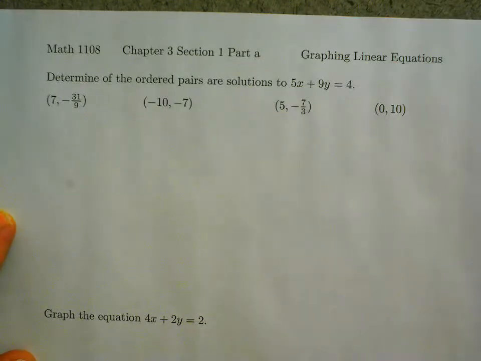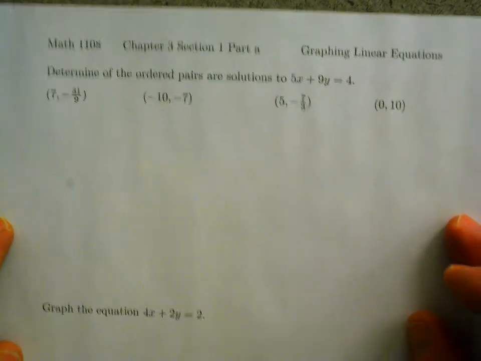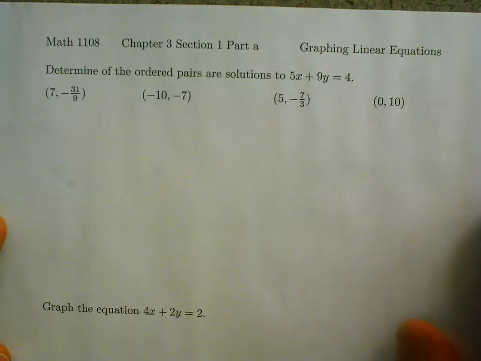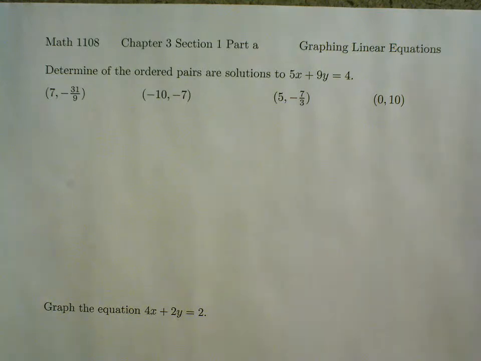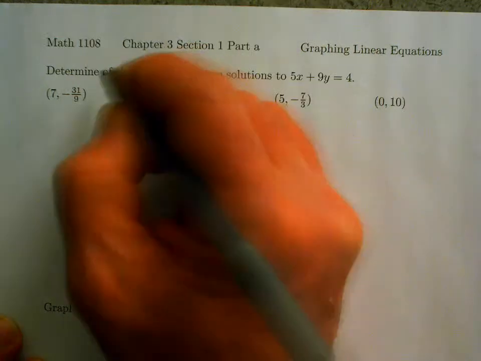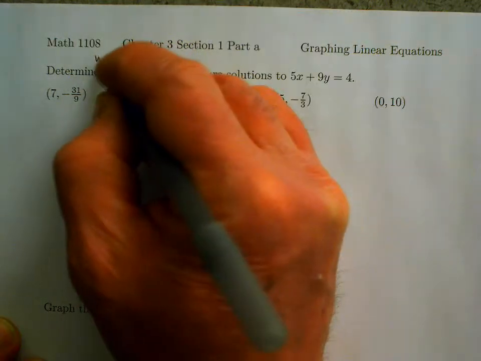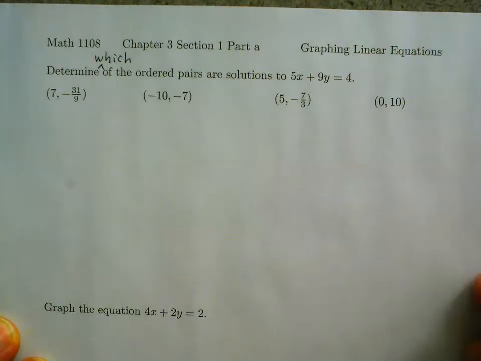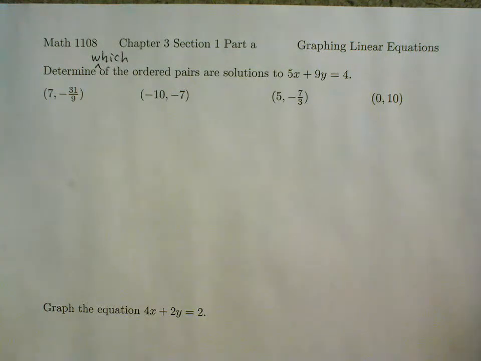Okay, let's start the next page. This says determine which of the ordered pairs are solutions to 5x plus 9y equals 4.